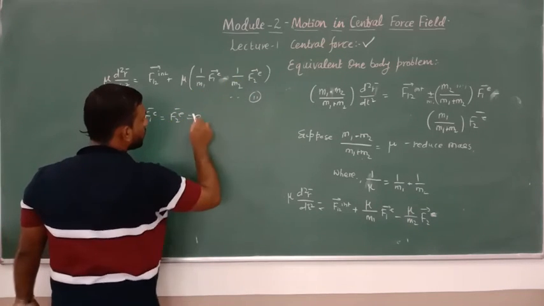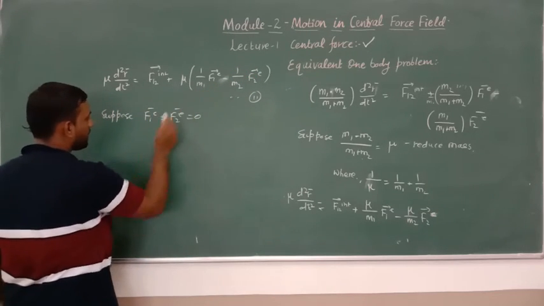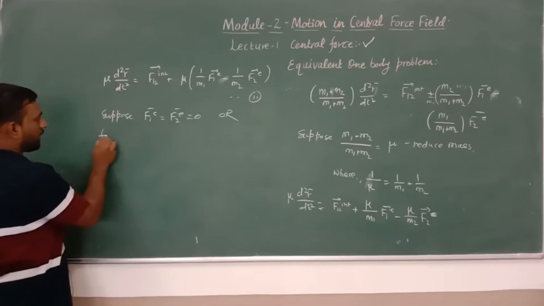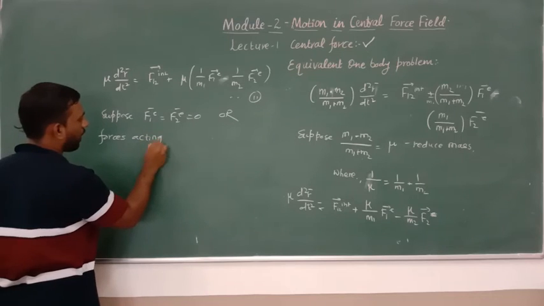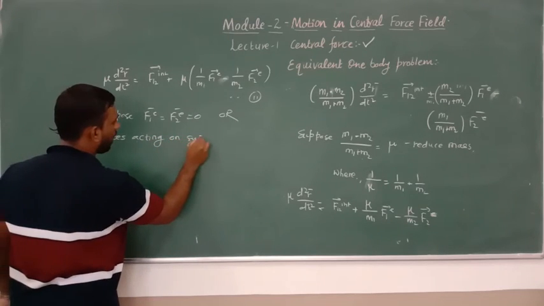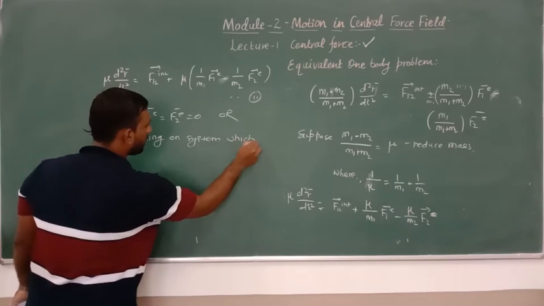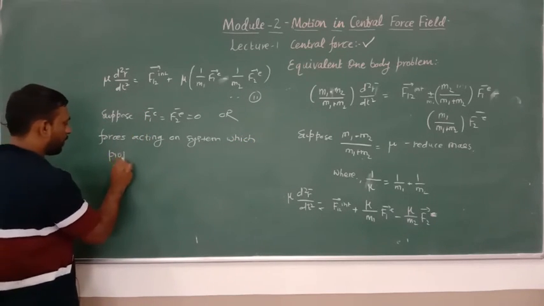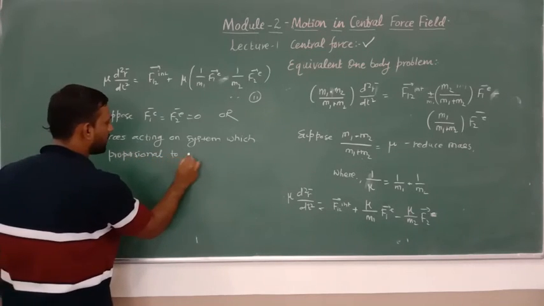The total term cancels out and it comes out to be 0. So in that case, the forces acting on the system produce acceleration which is proportional to masses.